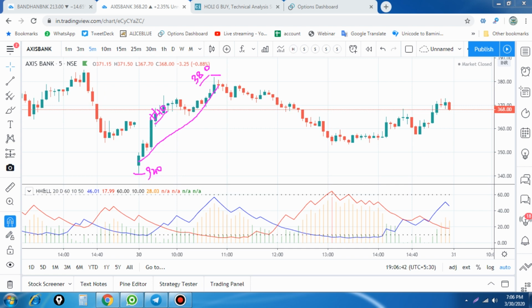When we watched for the reversal opportunity, the market slowly moved downwards, and we got a confirmation based on this higher high lower low indicator. We got a sell over here. Again a sell signal was generated at 370, and this sell signal is validated by this uptrend.